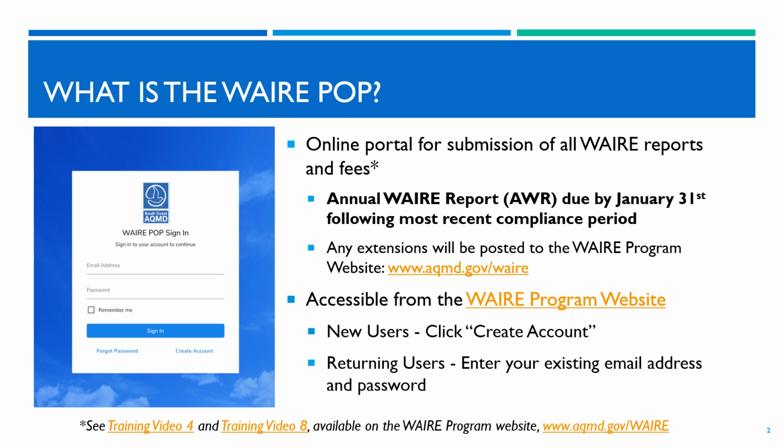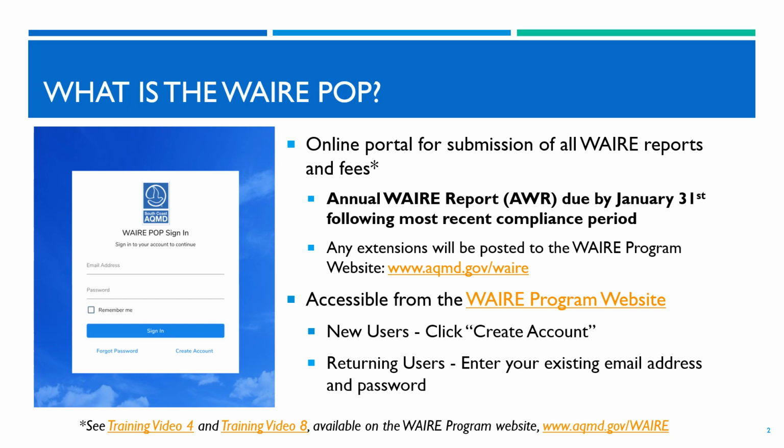For more information on other reporting requirements, see Training Video 4 and Training Video 8, available on the WAIRE program website, www.aqmd.gov/WAIRE. The annual WAIRE report is due January 31st following the most recent compliance period.